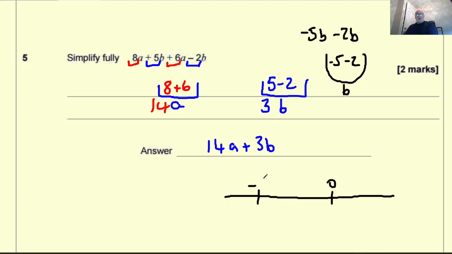I'm starting at minus 5. That's my first one. If I'm starting at this point, if I'm adding, I'm always going to go towards 0 from this point. If I'm subtracting, I'm going to go further into the minuses, 2 more spaces into the minuses. So that's going to be minus 6, minus 7. So that would be my answer if it was this one at the top. So just take care with the negative signs.